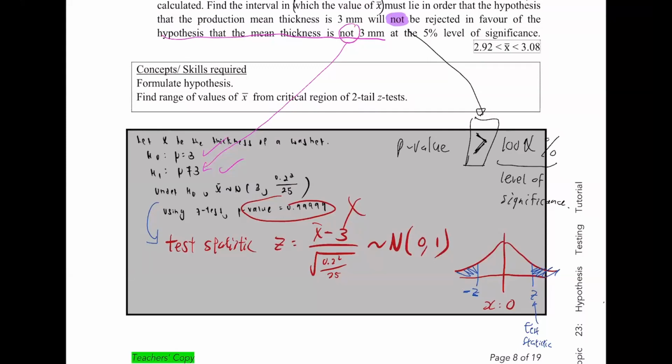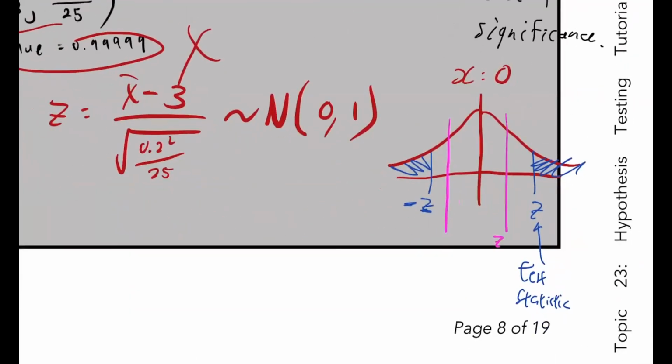So that means that we actually need to cut off at, okay, let me just move this X equals 0 away first. We need to cut off somewhere here, cut off somewhere there. And that's what we call the critical value, z crit and negative z crit. There will be a certain area. Let's just color in orange and orange here. What do we know about the sum of the two areas here?